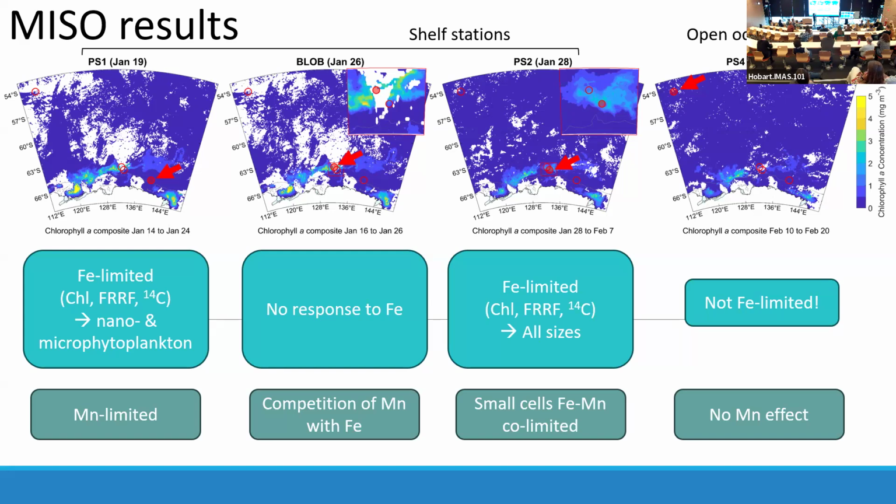And we definitely observed some interaction with manganese, in that when I added manganese, the cells were doing really poorly. PS2 seemed to be iron limited, but we also had a small sign of iron manganese co-limitation. And nothing happened for process station 4, which is interesting because everyone tends to tell you that open waters of the Southern Ocean are heavily iron limited, but it's not always the case.